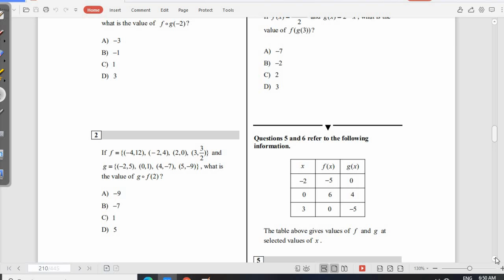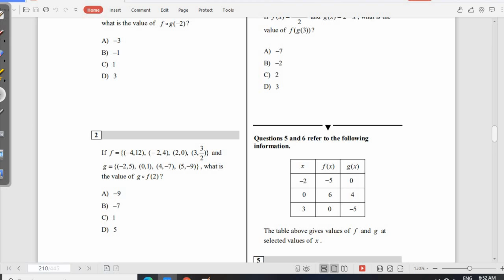Okay, so if these are all coordinates, you need to ask yourself, what does this represent? Now, this is not a time to start drawing a quadratic equation, or the graph of this function or things like that, because that will take lots of time. I'm just looking for g of f of 2.